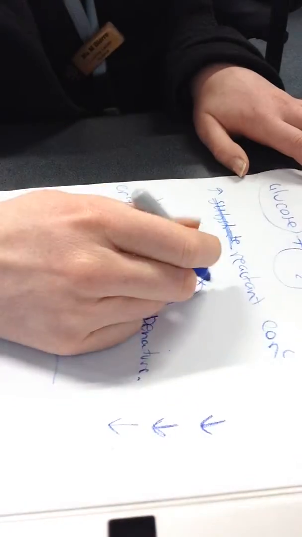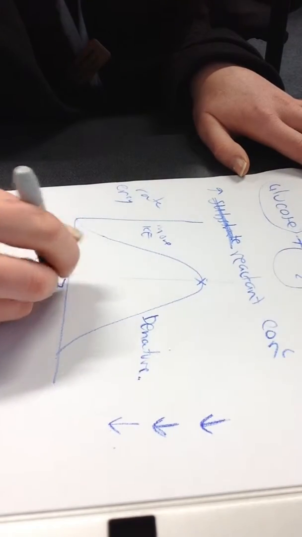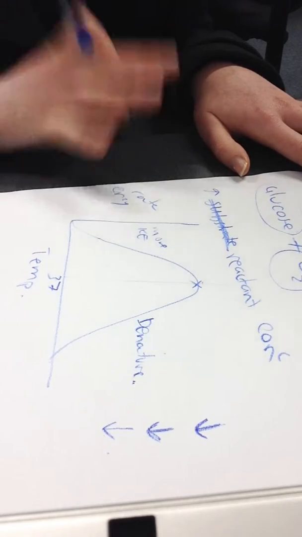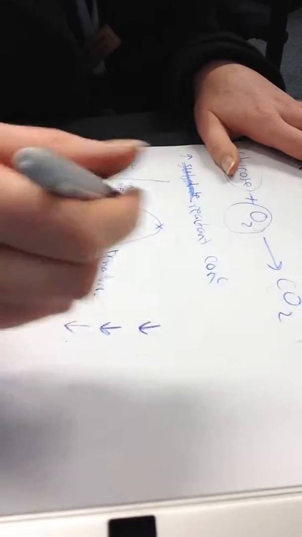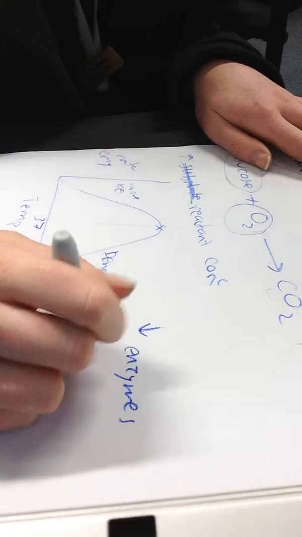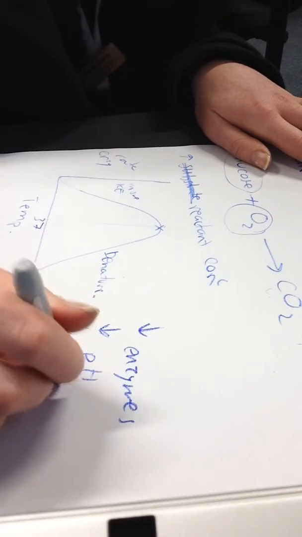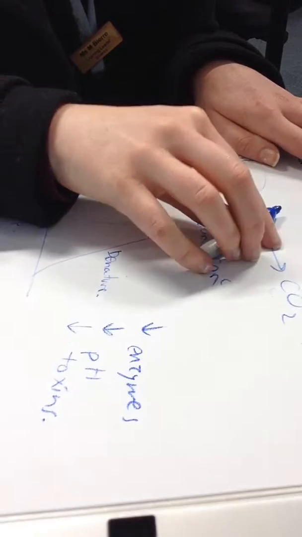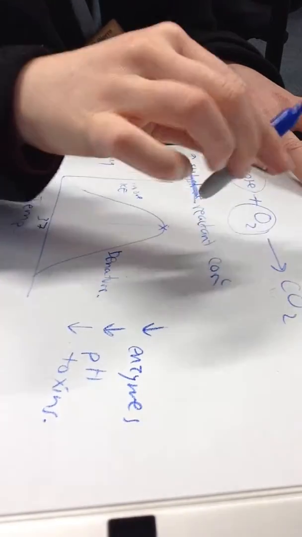The optimum temperature in humans is probably about 37 degrees, because that is our body temperature. Anything that affects enzymes will affect the rate of both respiration and photosynthesis. So things like pH, the presence of toxins, etc. That's going to affect the rate of respiration.